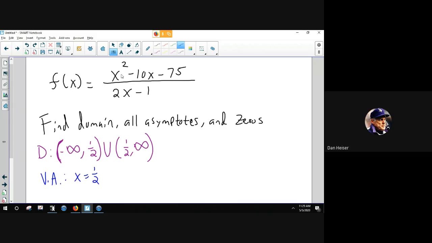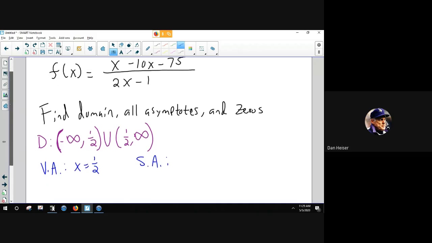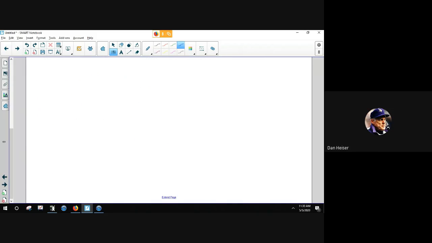Degree of the numerator is greater than the degree of the denominator. So this is going to be a long division problem. You will have a slant asymptote, and we need to do some long division here to determine what it is.